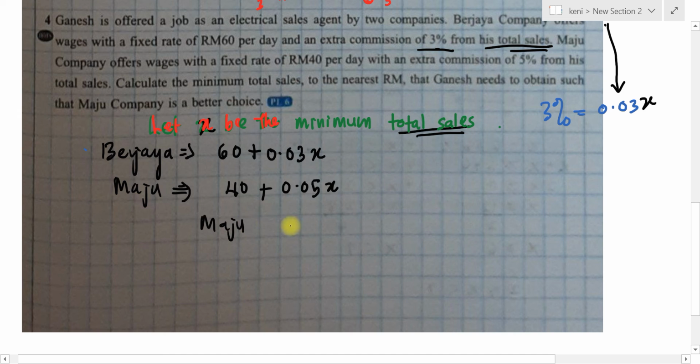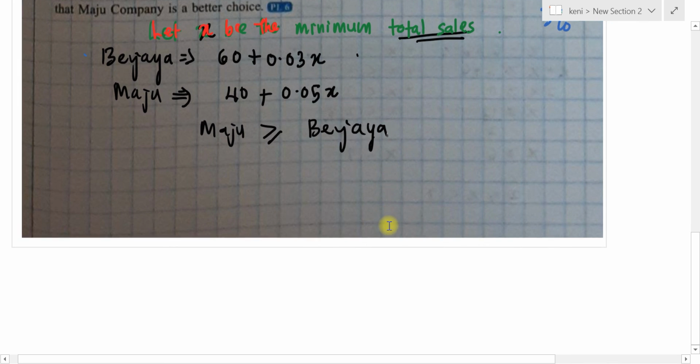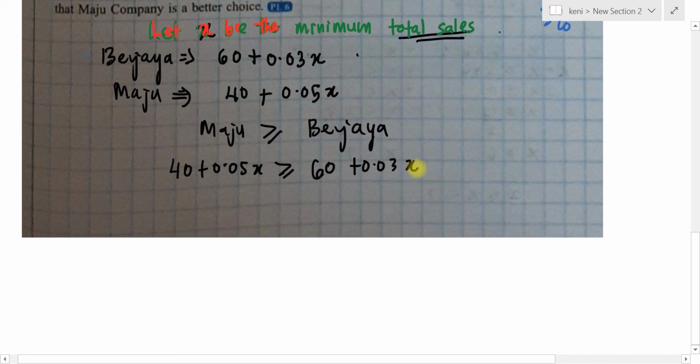You want Maju to be a better choice, so Maju is greater than or at least equal to Berjaya. So what is the minimum sales we need to sell? Maju's equation is 40 plus 0.05x, greater than or equal to Berjaya company's 60 plus 0.03x.